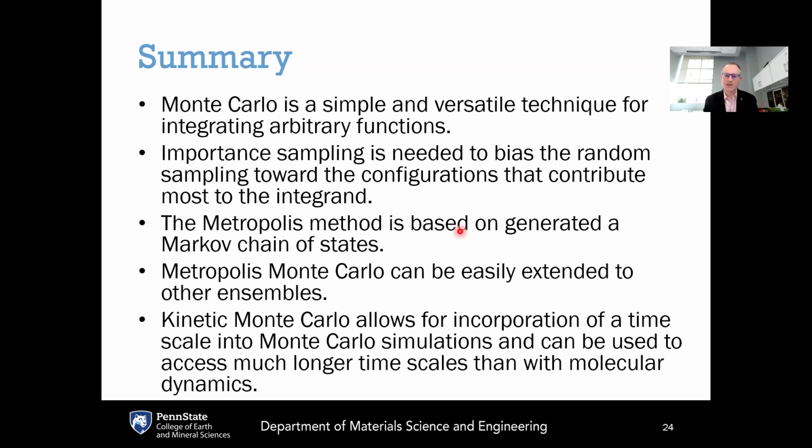The Metropolis method is one implementation of that, which is based on generating a Markov chain of states. The Metropolis Monte Carlo method is easily extended to other ensembles, and we can incorporate time using kinetic Monte Carlo. With kinetic Monte Carlo, we can access much longer timescales compared to MD simulations.